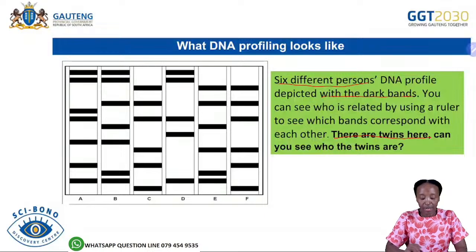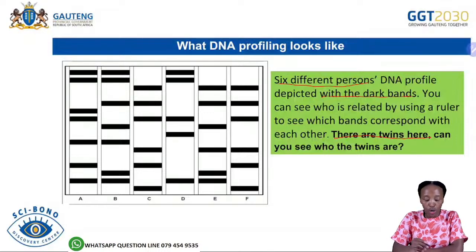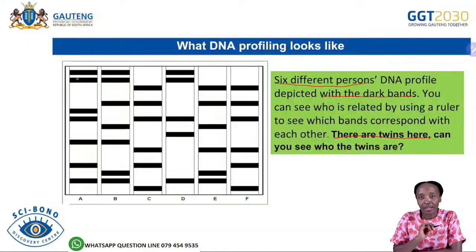So when you analyze a DNA profile, what do you need as a grade 12 learner? You need a ruler, of course, because you are going to look at the lines. Remember, we're looking at the size of the line, the length of the line, and also the thickness of the line. We are also looking at the position.